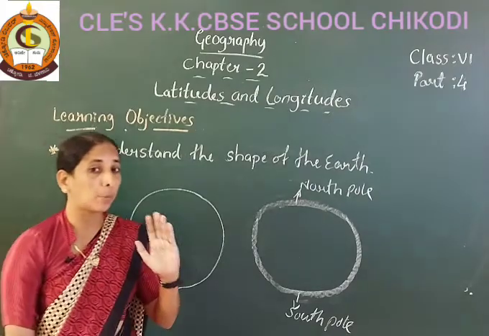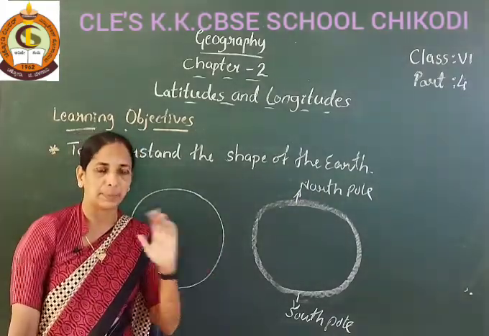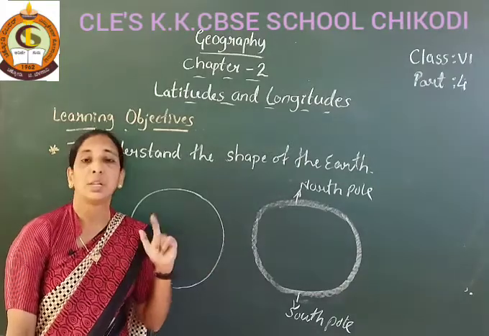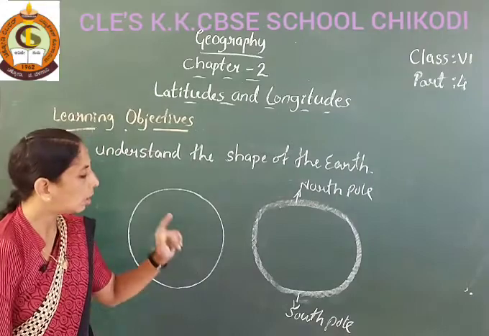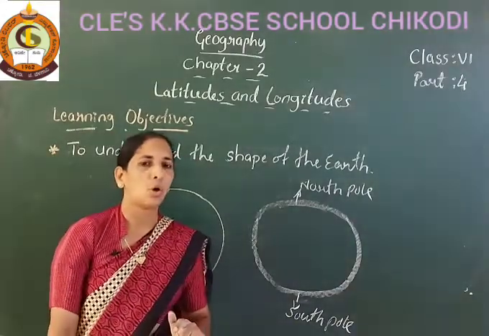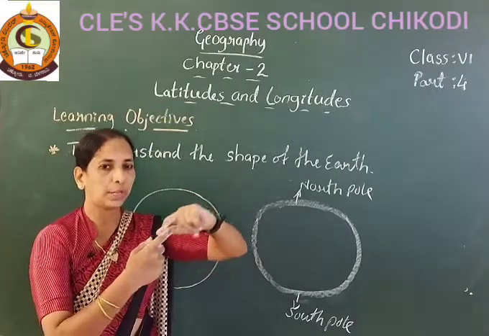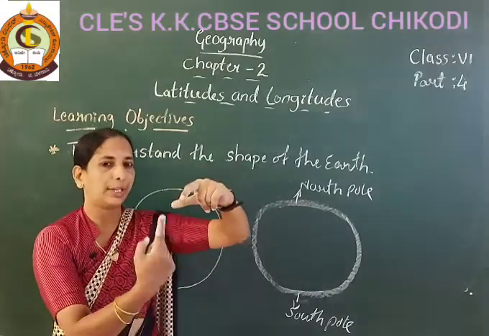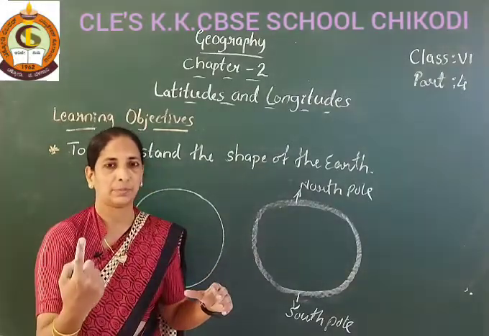Afterwards, astronomers studied that the earth was spherical in shape. And the earth rotates. Rotating means moving.